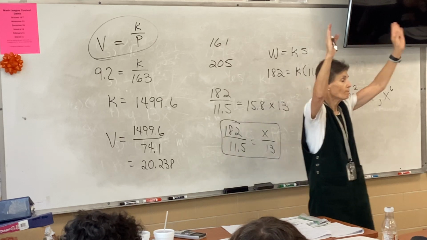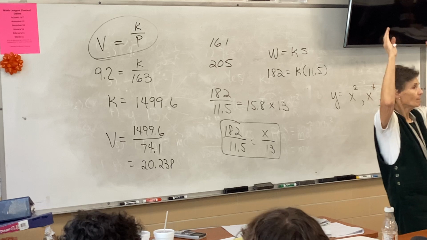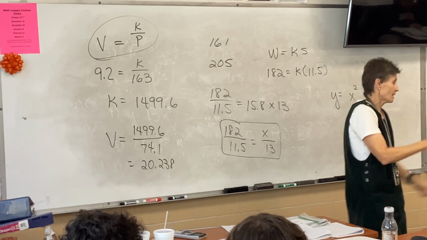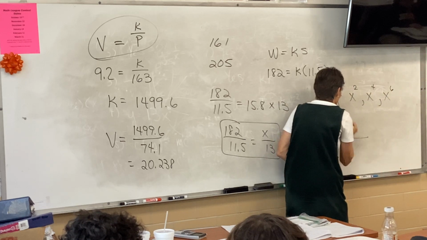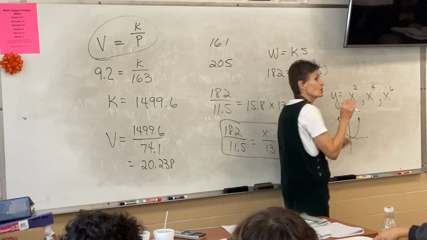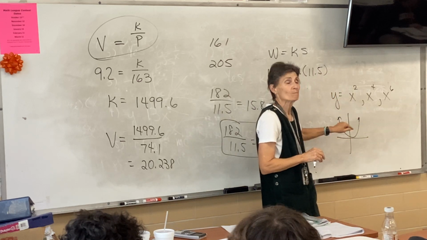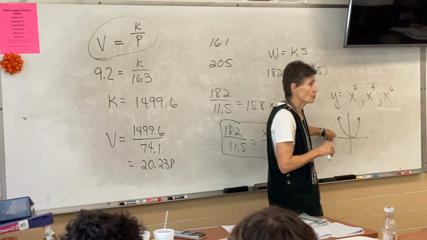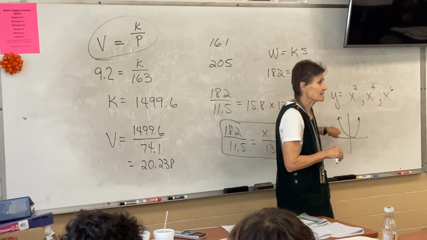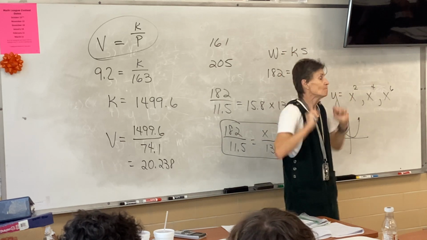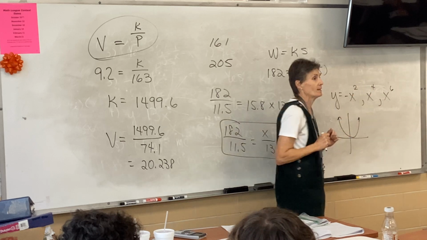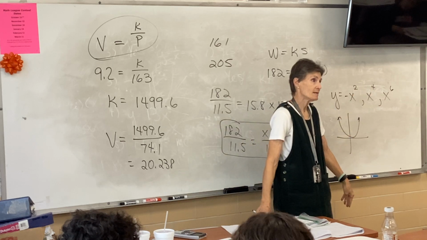So the normal even behavior is like a parabola, x squared, up. That is the normal even behavior. 4th degree, 6th degree, 12th degree, that's how it will behave, up. If you put a negative in front of it, then it will be down.